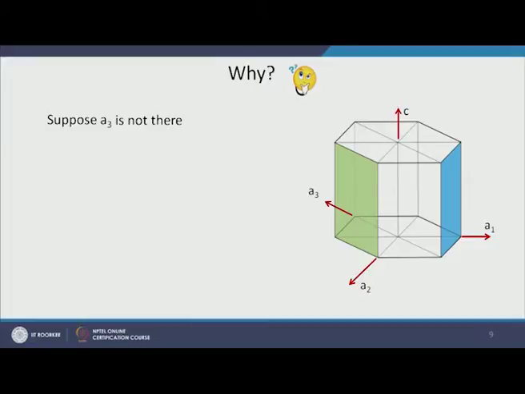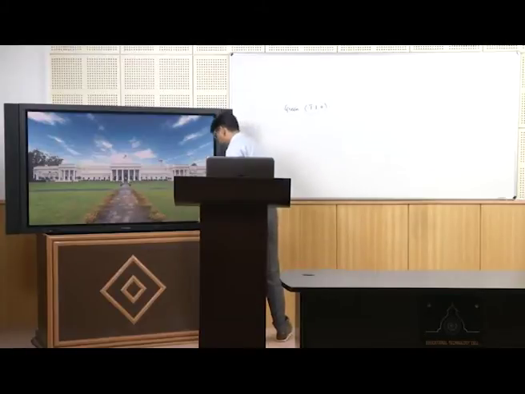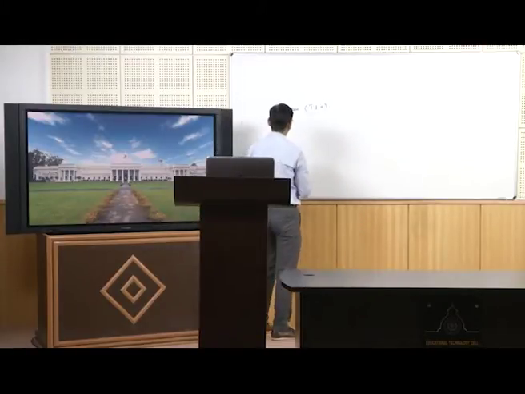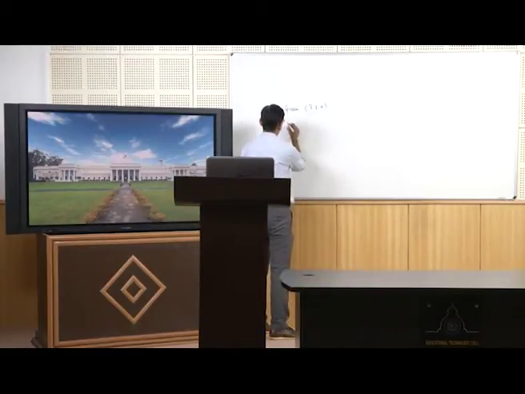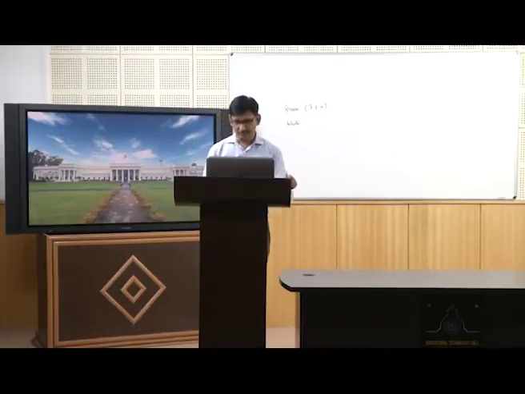Now, let us say I want to now index this white one here. So, not the blue one, let us say we want to index the white one here, the front plane. Now, what will be the indexing of this particular white plane?